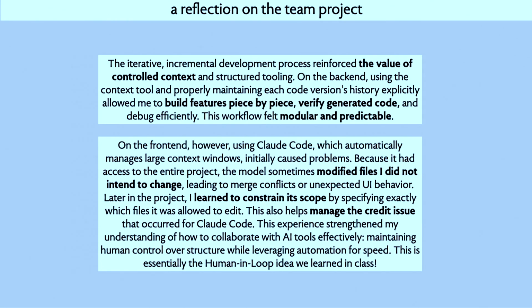The model modified files I didn't intend to change. It led to merge conflicts. This basically means they couldn't work as a team because it was writing all over the place. And so if you were working on one part of it, it was interfering with what other people were doing. And then they said, basically, using the ideas they learned they figured out how to control this and to make it nevertheless work. So that was kind of exciting.